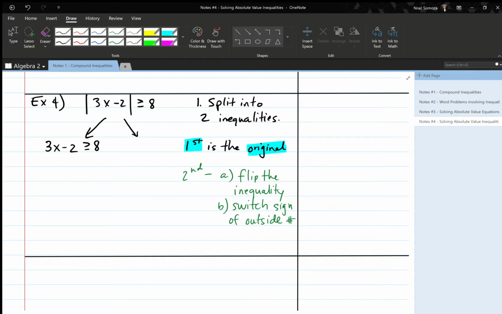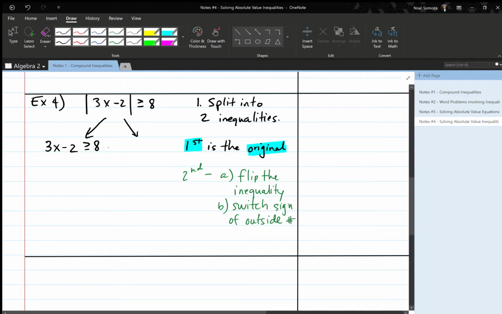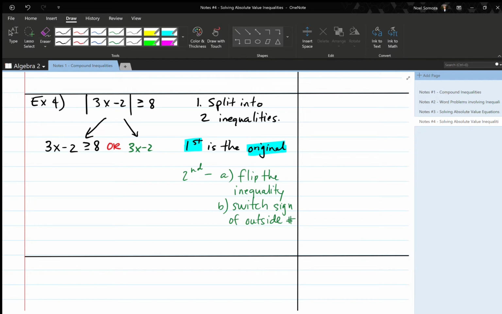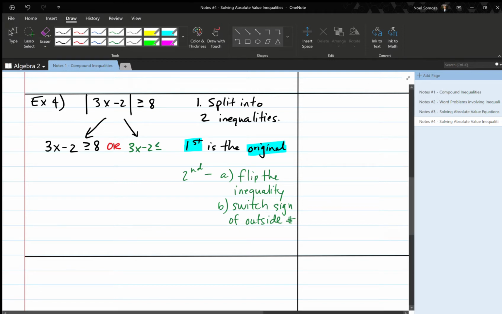Okay, so for the second one, it's still going to be 3x minus 2. But now my inequality, instead of pointing to the right, now it points left. And I'm going to change 8 into negative 8. Okay, so those are what the two inequalities will look like.